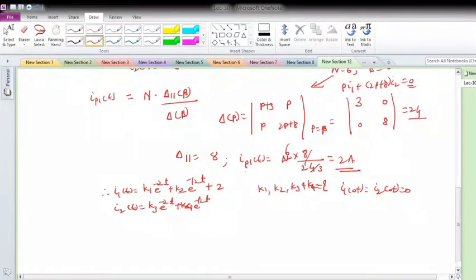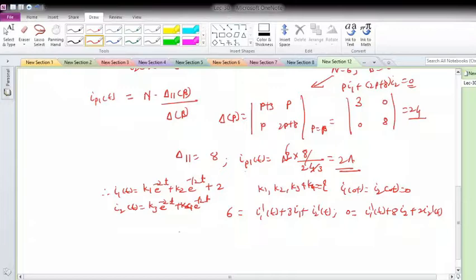Okay. So let me evaluate this first at t is equal to 0. So what was our original equation that we have written for the 2 coils? 6 was I1 dash of t plus 3 I1 plus I2 dash of t. This was equation 1, and the second was 0 equals I1 dash of t plus 8 I2 plus 2 I2 dash of t. So this let me evaluate at t is equal to 0.